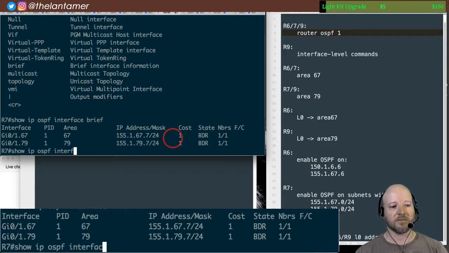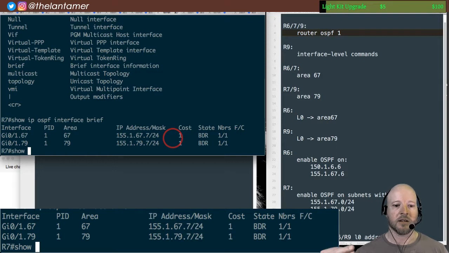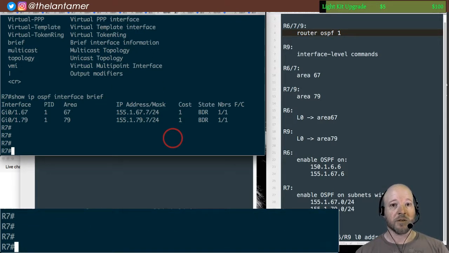Yes, it would. On a broadcast network segment, you have to identify a designated router and a backup designated router. That's right. On a point-to-point link, you do not, but we have not specified point-to-point in this case, right? Even though it is a point-to-point. All OSPF knows is this is an Ethernet broadcast interface.